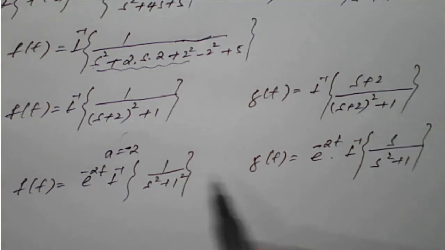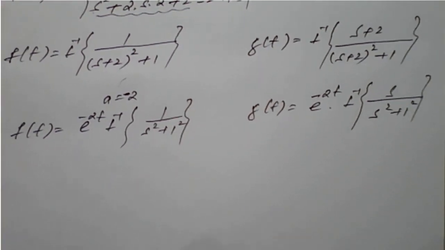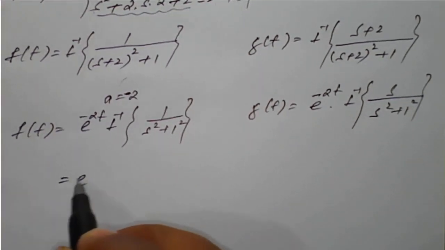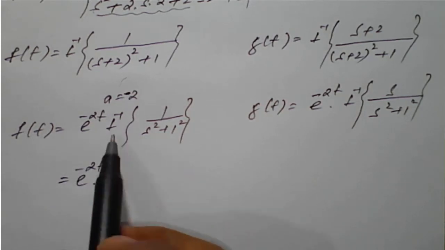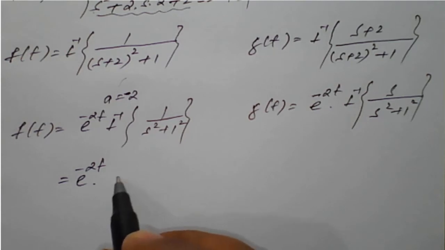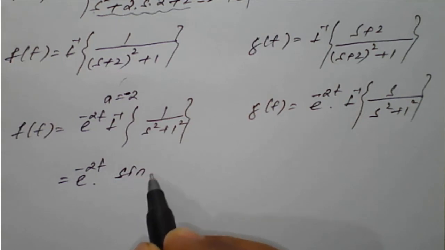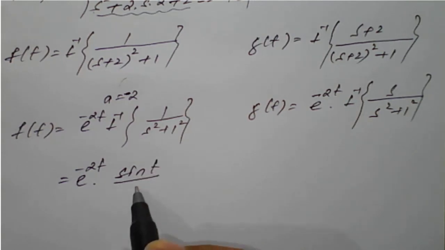I will write 1 as 1² so that we can apply the standard formula of inverse Laplace. L inverse of 1 upon s² + a² is sin(at) upon a, and here a is 1, so it is sin t divided by 1.